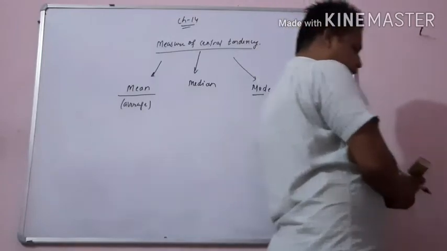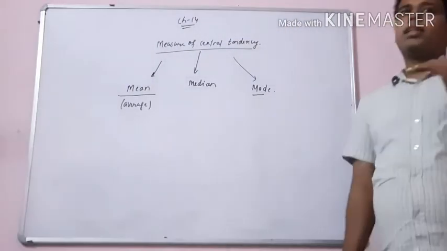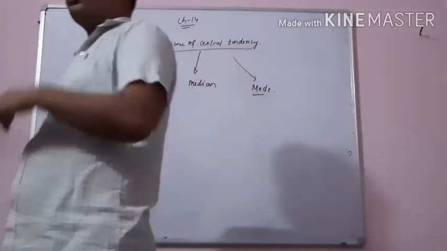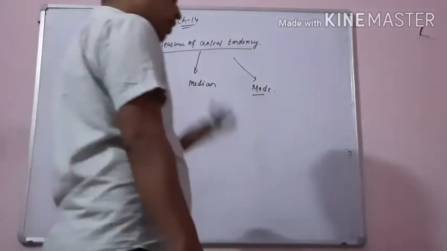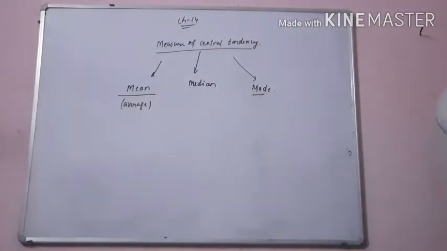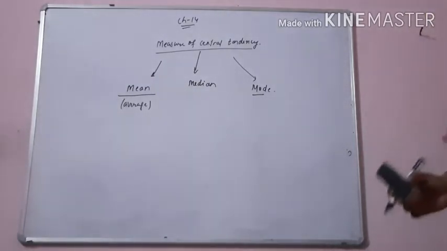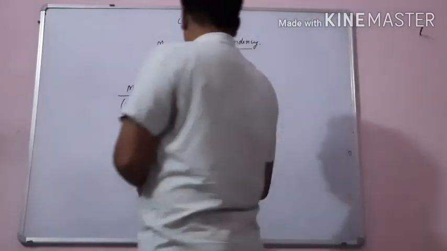Median is directly related to the middle term of the data when the data is arranged in a sequence, either in ascending order or in descending order. And mode: the data which occurs the most times in the given data will give the mode. So, moving on, first, mean.